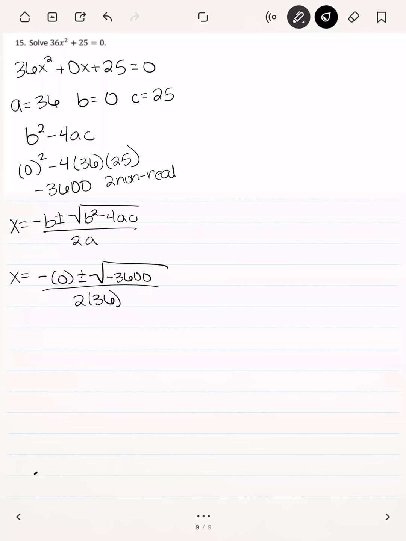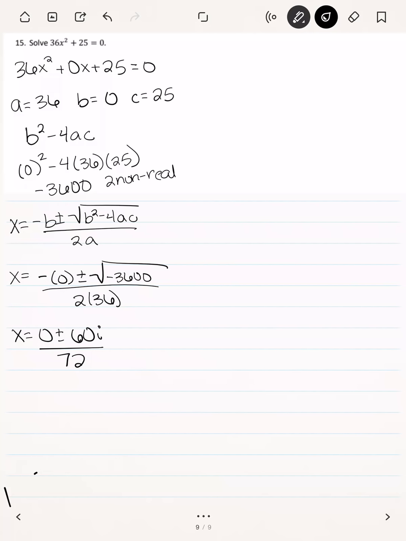So let's start simplifying it. Well, negative 0, that doesn't make a difference, so we're going to have x equals 0 plus or minus the square root of negative 3,600, not 36,000, sorry, is 60i because it's negative, and then 2 times 36 is 72.